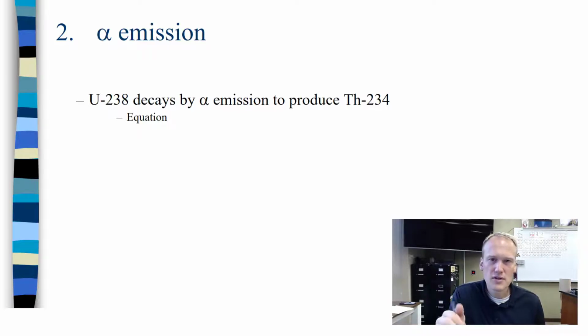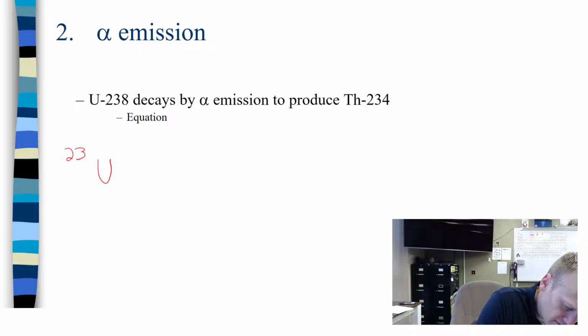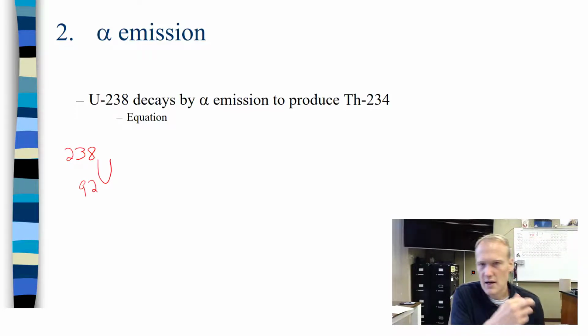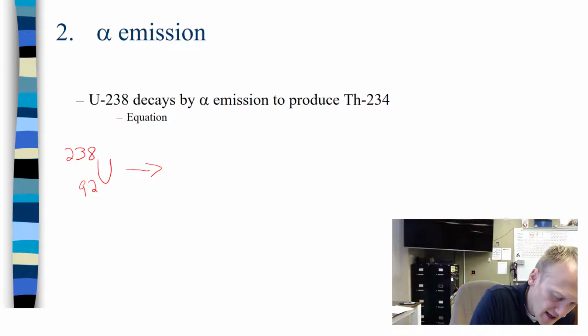So the first thing we want to do is write the nuclide for uranium-238. So we know the mass is 238, and if we look at the periodic table, we can see that it has a positive charge of 92, or 92 protons. Then it says that it is emitting an alpha particle. What that means is that this nucleus is decaying and producing an alpha particle.